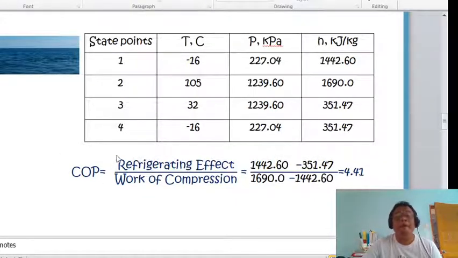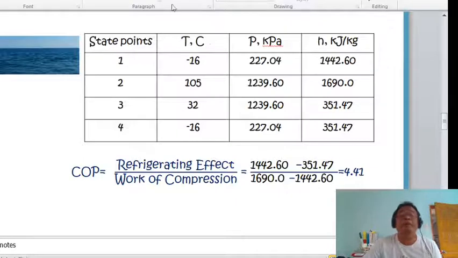work of compression. So, class, first you are going to familiarize how you are going to identify or determine the enthalpies and pressure at the saturation table and at the pH diagram.